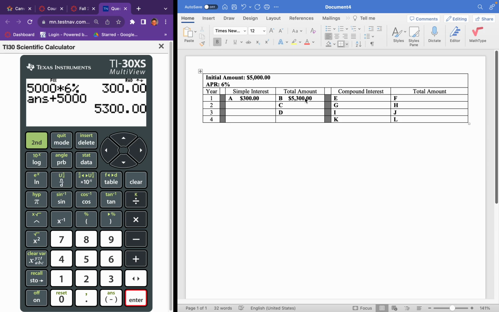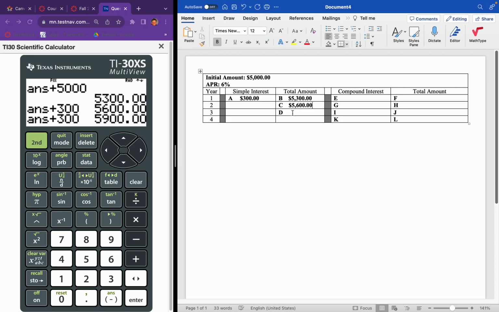So now we're going to take 5,300 and add it to 300. And that's going to get us 5,600. And we're going to add 300 to that and get 5,900.